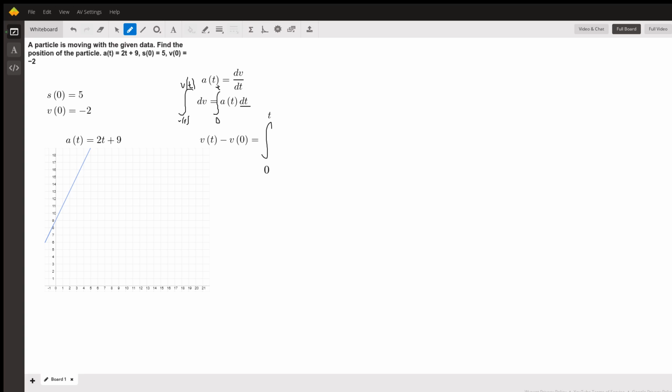Sorry, it takes a minute to type in this. It's not the same format as what I've handled on other applications. So that will simplify to t squared plus 9t. That is going to be evaluated on the bounds of 0 to t.